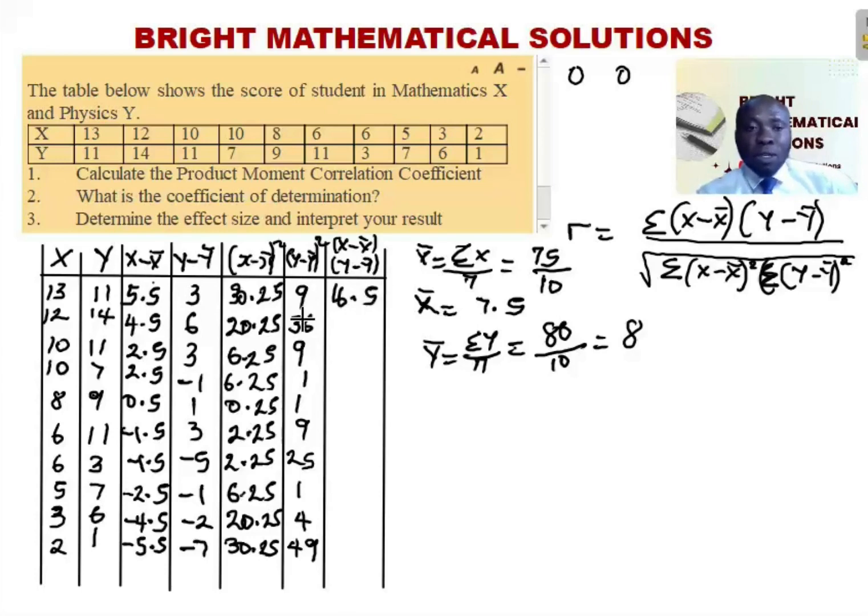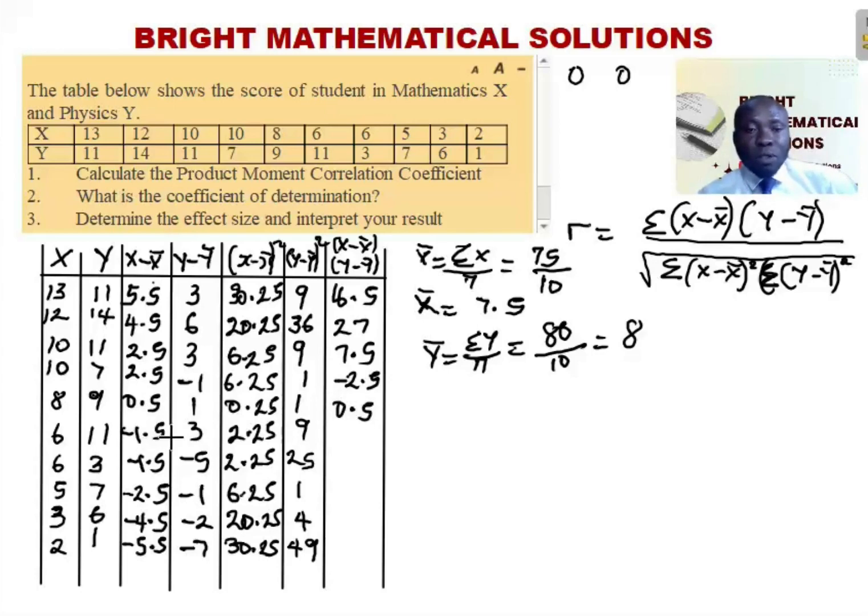So that gives me 16.5. So 4.5 multiplied by 6, that gives me 27. So 2.5 multiplied by 3, that gives me 7.5. 2.5 multiplied by minus 1, that is minus 2.5. 0.5. Please take note of the sign, it is very, very important. 0.5 multiplied by 1, that gives me 0.5.